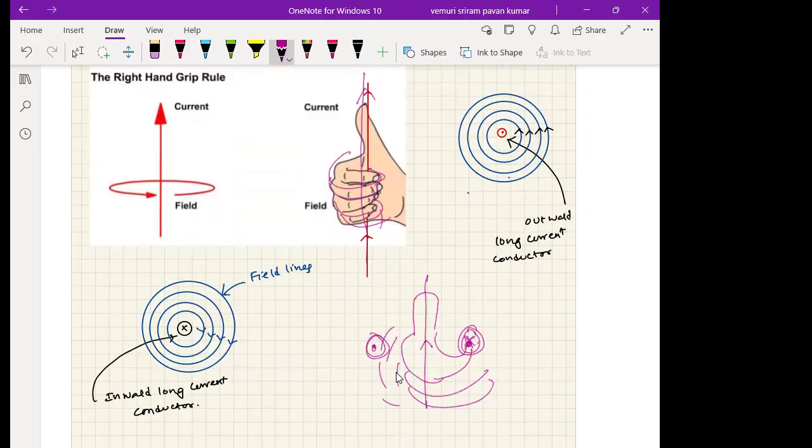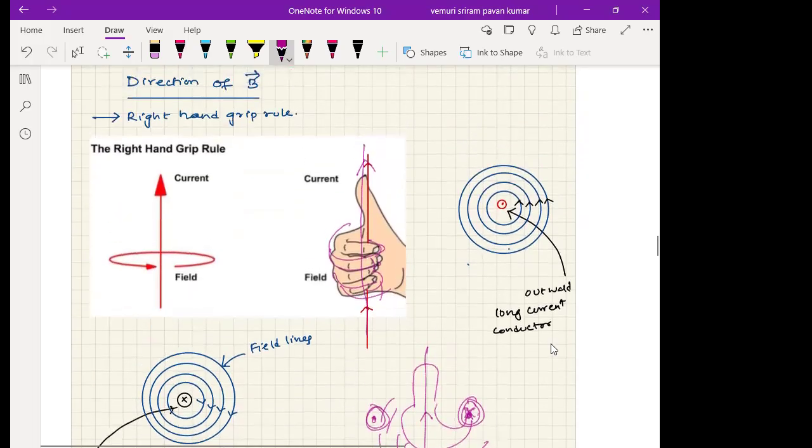So therefore, we now know that a current carrying conductor can be a source of magnetic field, and the direction of the magnetic field lines is given like this. If you take the current carrying conductor along your thumb in the right hand grip position, the curl of the forefinger shows you the direction of the magnetic field lines. In fact, they are circular closed curves. Remember, this is how magnetic field lines are different from electric field lines. Electrostatic field lines are open curves, whereas magnetic field lines are closed curves.